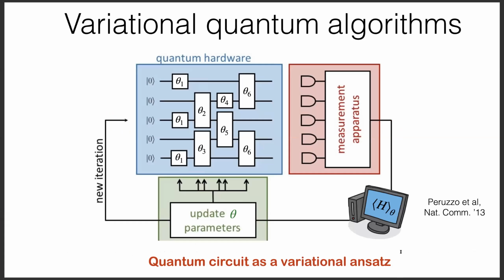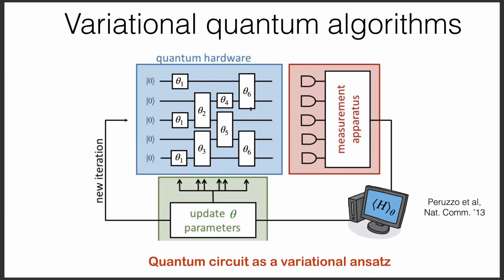So differentiable programming of quantum circuits is very related to something called variational quantum algorithms. So this is a basic setup for one class of applications. Essentially, they parameterize a variational ansatz using a quantum circuit. So you see that the gate parameters are the variational parameters.